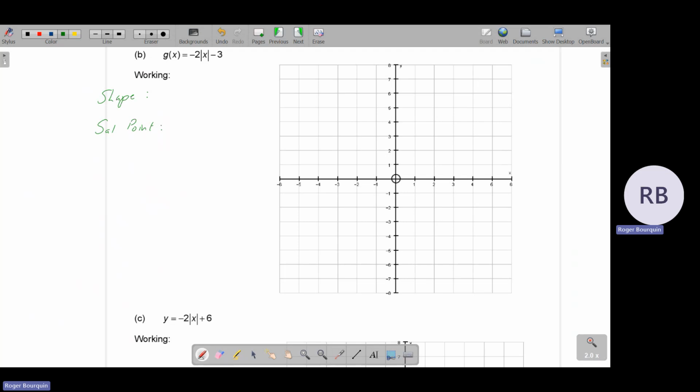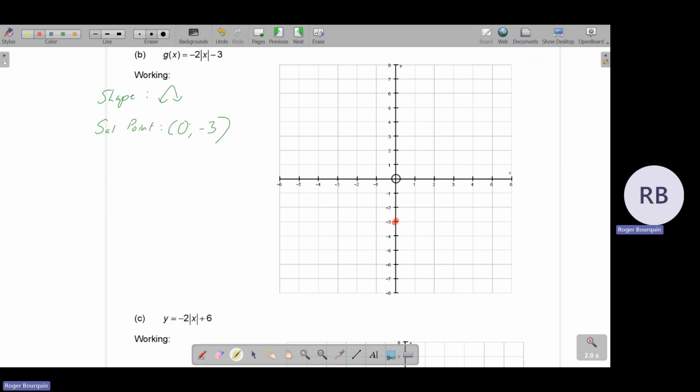Shape, please. Happy or sad? Salient point 0, -3, and it's sad, right? Is it going to have x-intercepts?